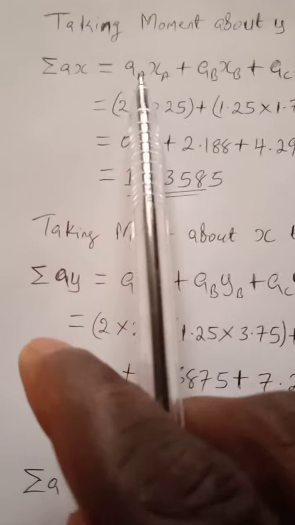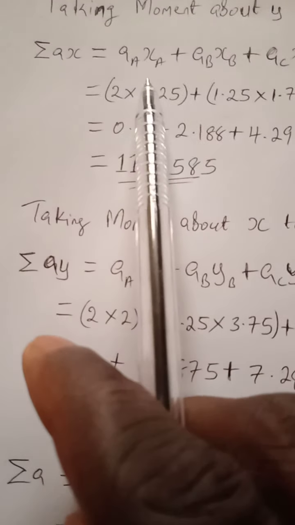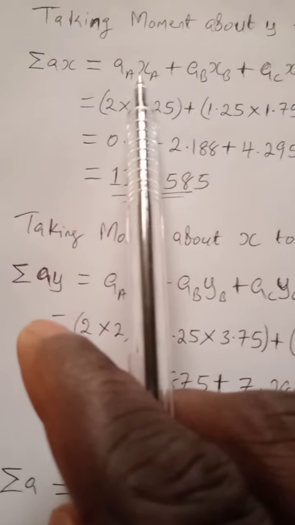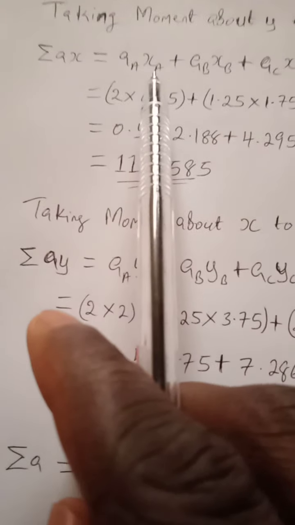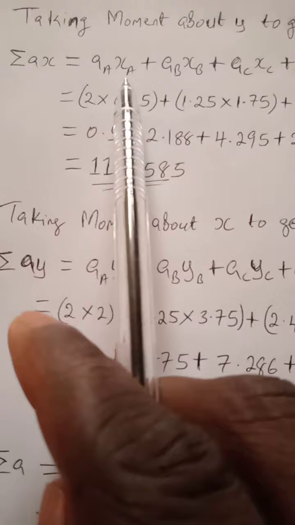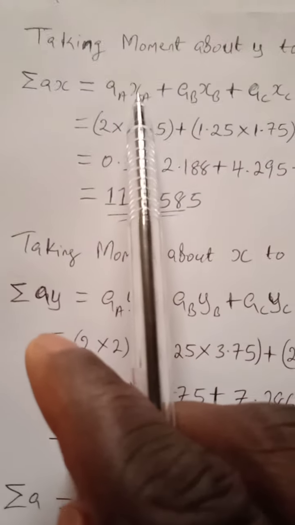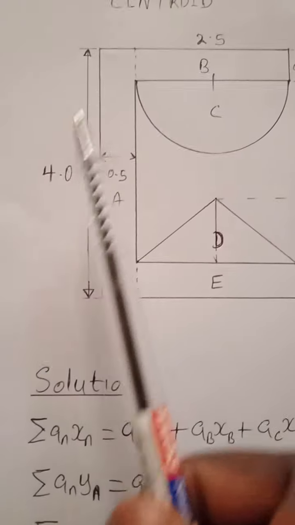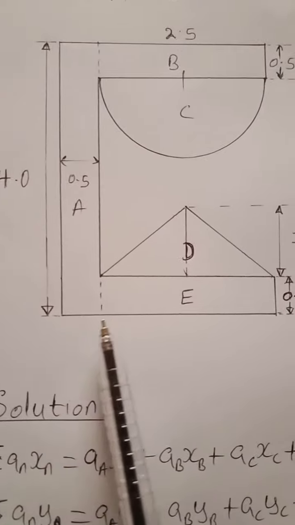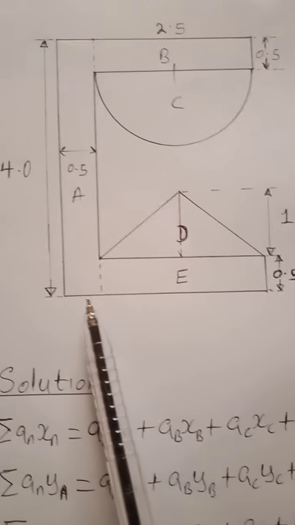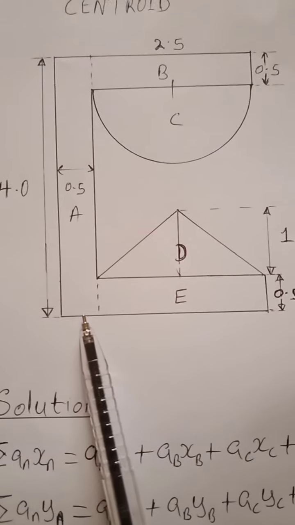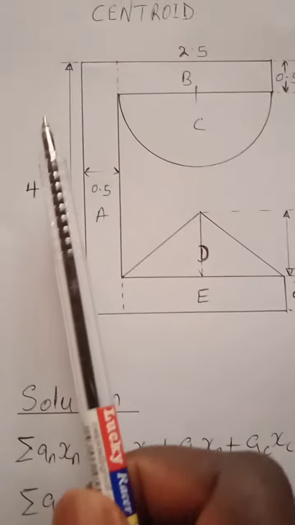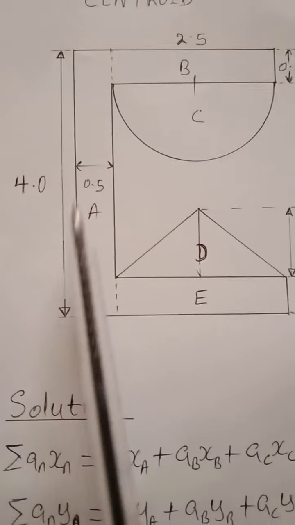Okay, this is the formula: the area multiplied by the distance of that shape to the y-axis. For example, we have this. This is the shape. This is the x-axis. The center of this to this reference point, the y-axis, is the reference point.